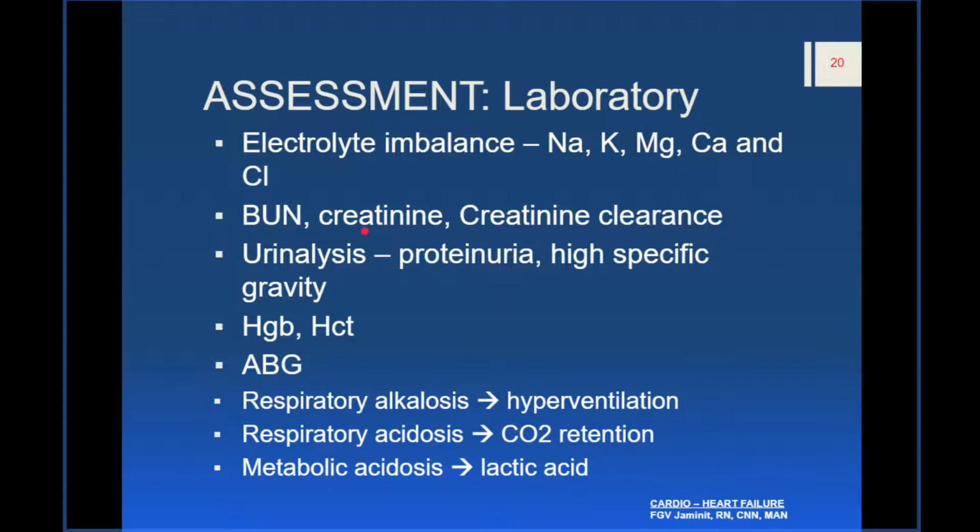excess fluid. Check for any presence of proteinuria or high specific gravity in the urinalysis. Remember that proteinuria is the leakage or excess elimination of albumin. Why is it necessary?